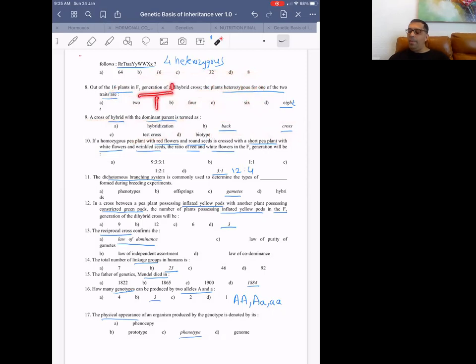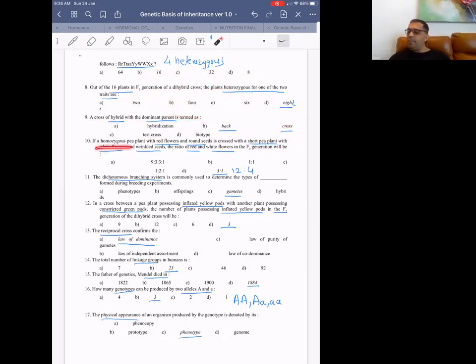But if it is dominant parent, then it is not going to determine the genotype, क्योंकि इसके सारे offsprings तो tall ही आएंगे. So it is not a test cross, it is only a back cross. With recessive parent, it is a test cross as well as a back cross. हाँ तो ये याद रखना.